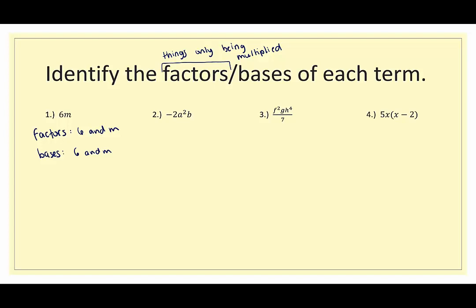I would also argue that the negative doesn't necessarily belong to any of those other numbers. The negative is its own factor, and it's a factor of negative 1. So when I'm writing out the factors, I'm going to say negative 1 is its own factor, 2 is its own factor, then there are 2 a's and 1 factor of b. You could also just say there are 2 factors of a. Meanwhile, the bases are just the things that have exponents. Again, I would say negative 1, 2, a, and b. Those would be the bases.